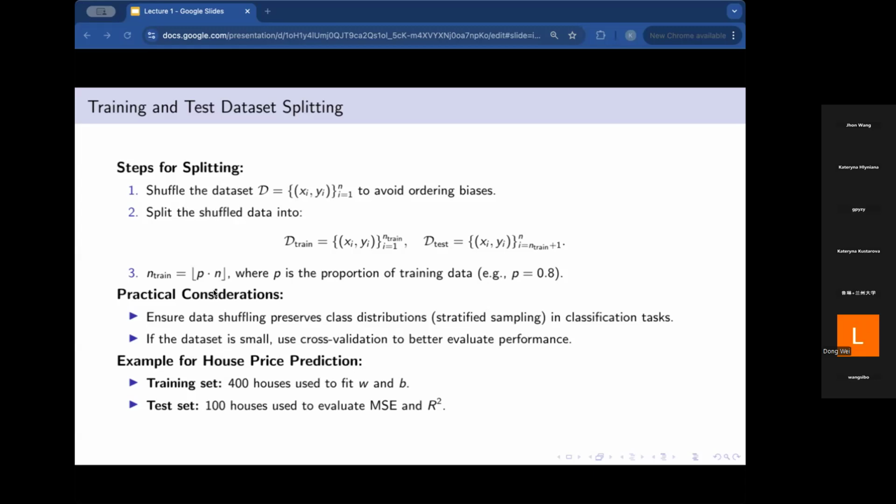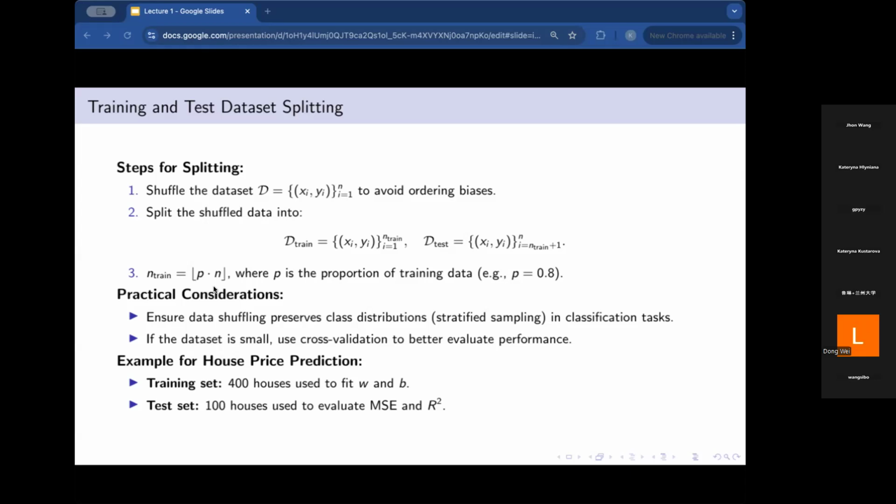This ensures that the data is randomly distributed and not influenced by the sequence in which it was collected. Then split the shuffled data. After shuffling, we split the data into a training set and a test set. The training set is used for fitting the model, and the test set is used to evaluate its performance.